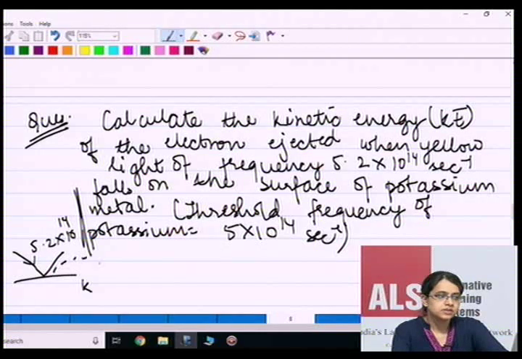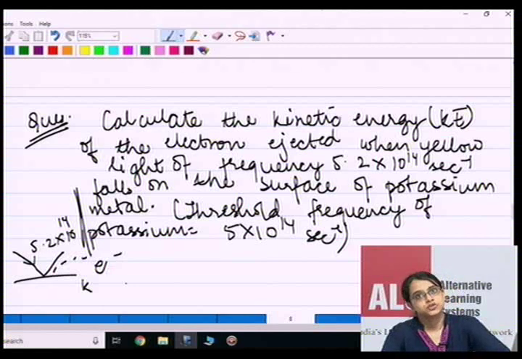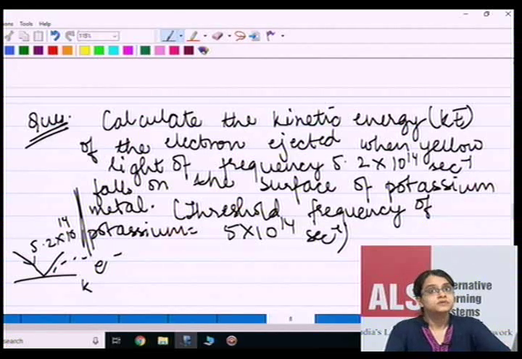Some electrons are being ejected. You have to find out the kinetic energy of the electron being ejected. I hope you studied photoelectric effect in the last class, so you remember it.